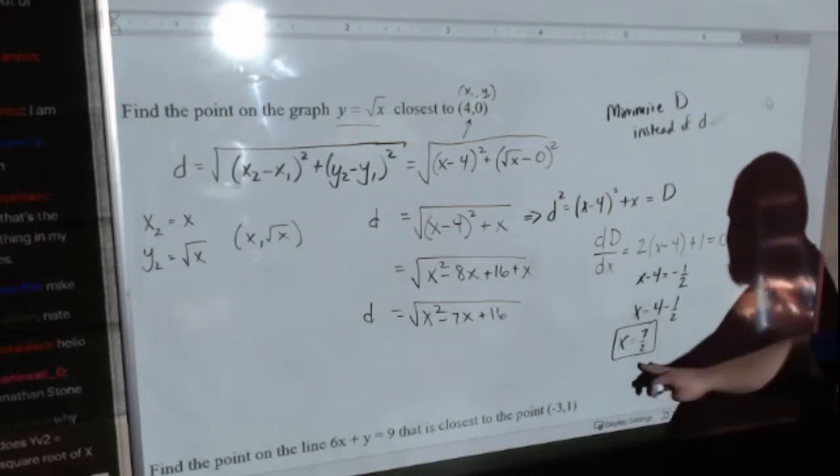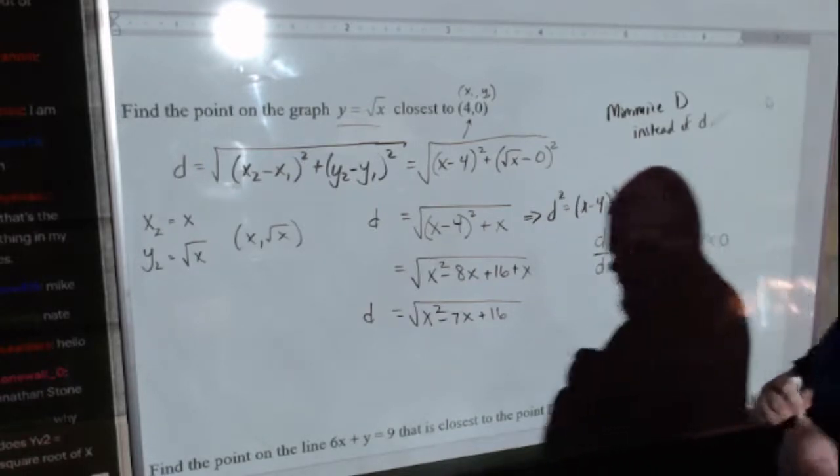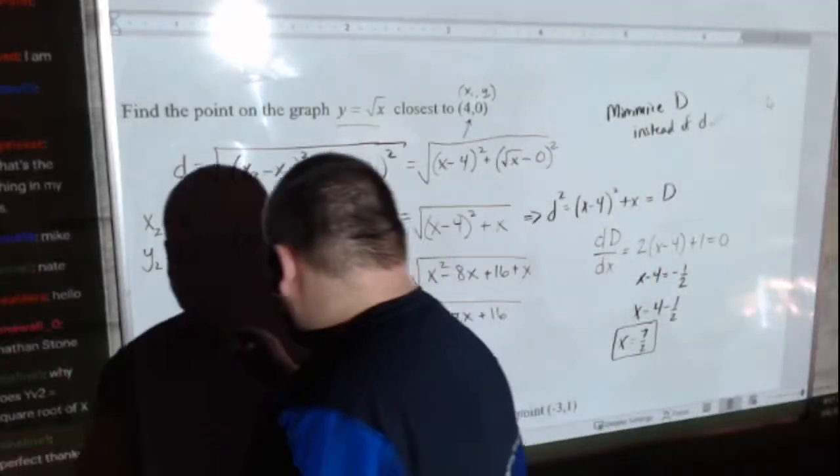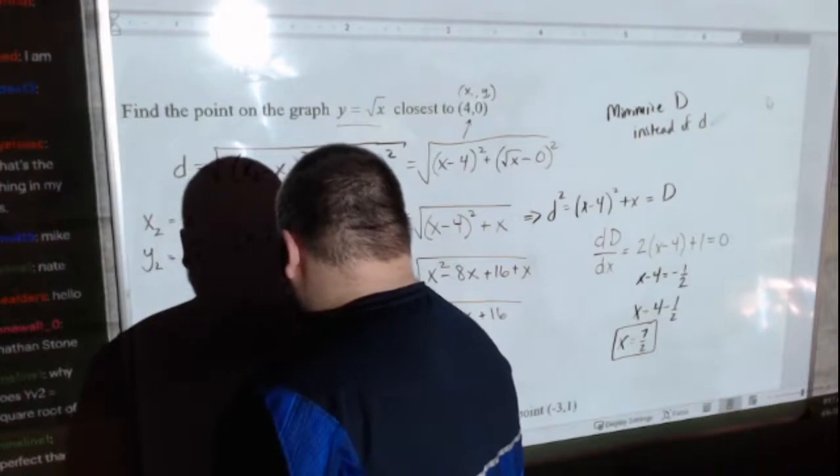So we got x equals 7/2. We then need to plug it back in there to get y. So the point would be 7/2, square root 7/2.